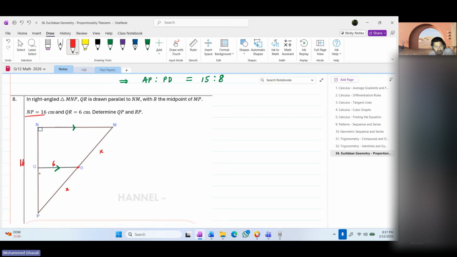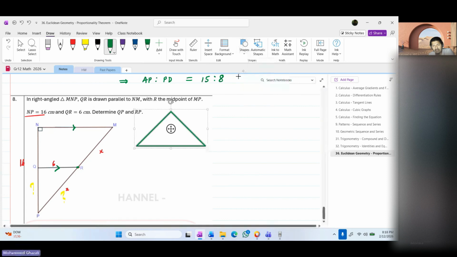What is PQ? This distance over here. We don't know what is PQ. We need to find this, and we need to find RP. We find the value of x as well. Okay, first what we need to say is that we have a parallel line and we have a midpoint. So this is case 2 of midpoint. If you clearly remember the midpoint theorem, you get a midpoint theorem which is like this.